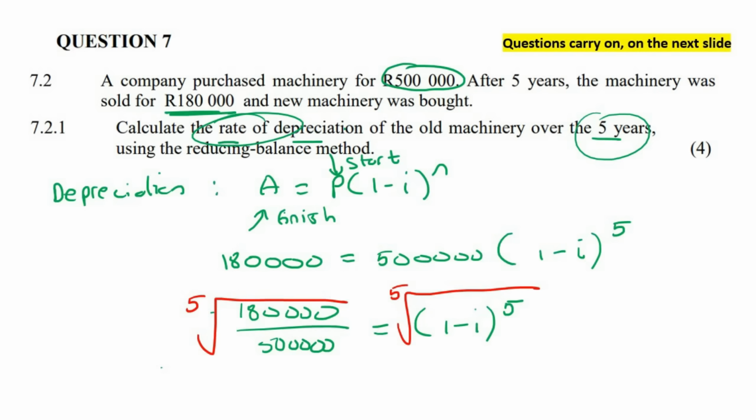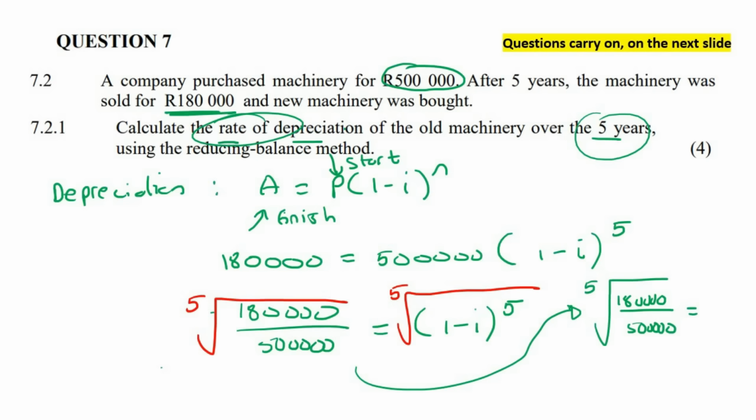Now, don't type this on the calculator just yet. It's going to give you a whole bunch of decimals. Rather just leave that for now. I'm running out of space, so I'm just going to write over here.